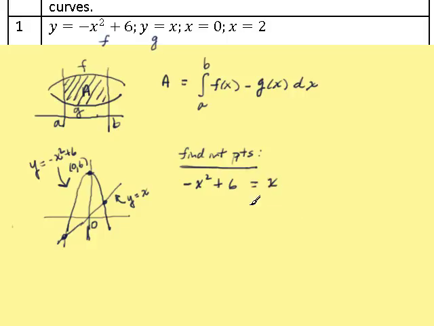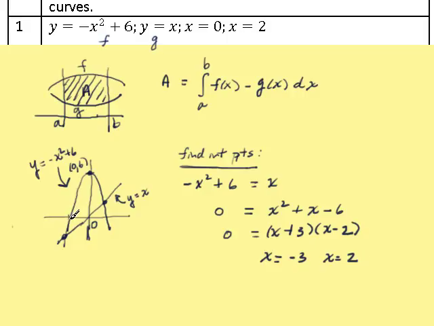Let's bring everything over to the right-hand side. So we have 0 is equal to x squared plus x minus 6. This is a quadratic. To solve it, we'll try factoring. And this does factor. Okay, x plus 3, x minus 2. So we have two intersection points, x equals minus 3 and x equals 2.